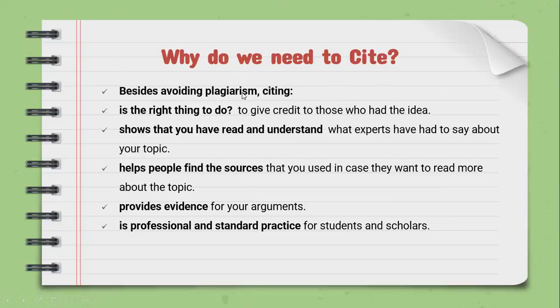Earlier I said, whether you know it or not, if you copy something from somewhere, it shows as plagiarism. So you have to properly summarize those words and ideas, and then put a proper citation.